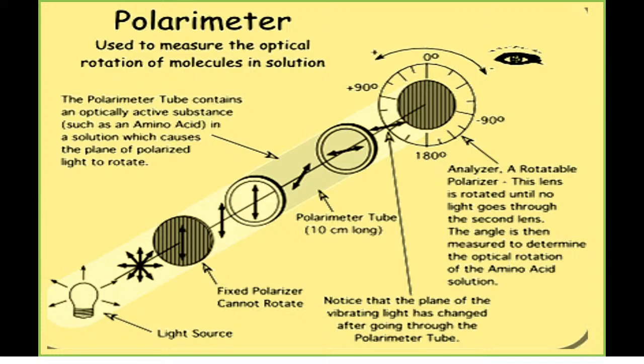So that is why the handle is used to cross the polarizer and analyzer and to measure that angle of rotation done by the optically active material in the polarimeter tube. And after that, concentration is calculated.